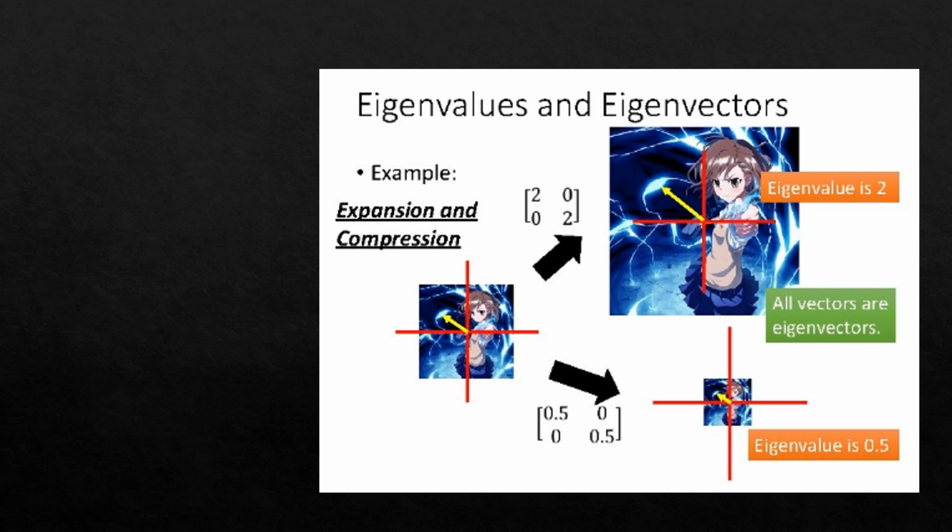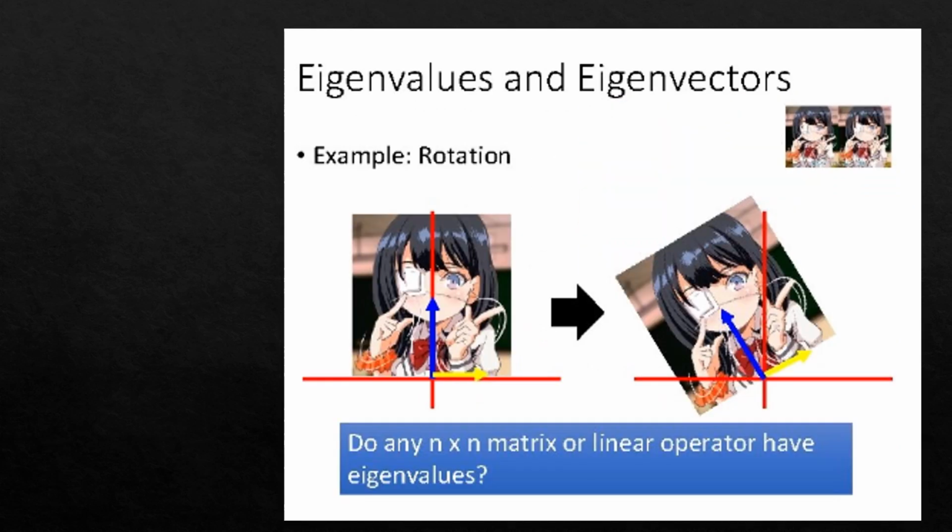So you can do compression or expansion of an image by using the eigenvalue and eigenvector. Another use is image rotation. If you rotate your eigenvector by a certain angle, this will give you the image rotation.